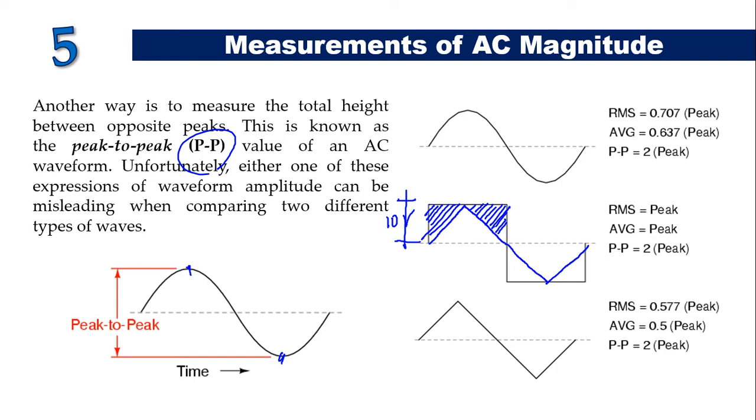Lalong-lalo na sa mga square wave. Ano ba ang ibig sabihin niya pag ganyan? Pagka square wave, yung ating signal or wave, ang difference niya is that it produces more load. Let's say meron tayong resistor, meron tayong circuit, tapos square wave yung input natin. Let's say LED to.